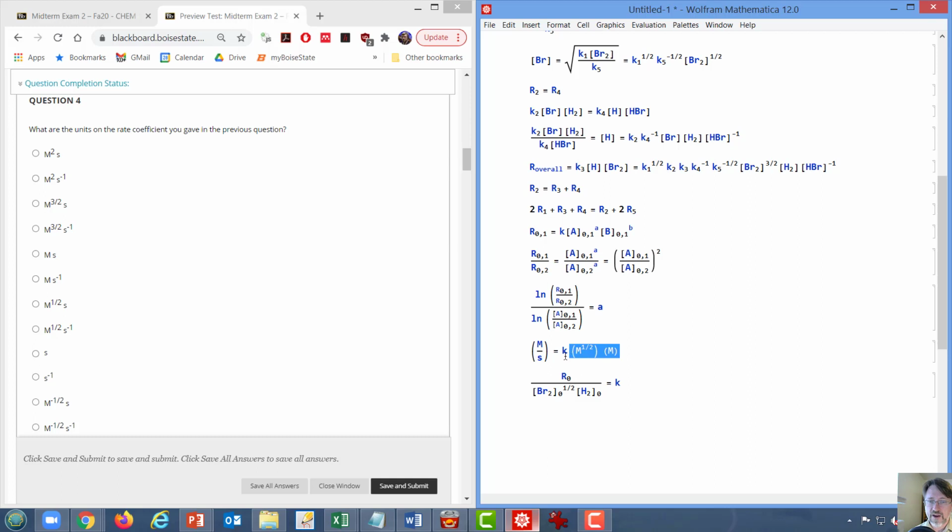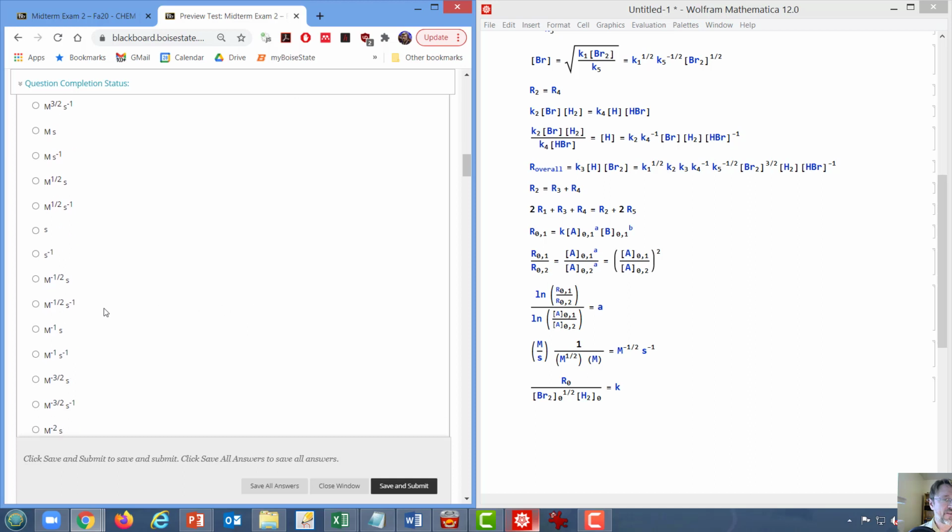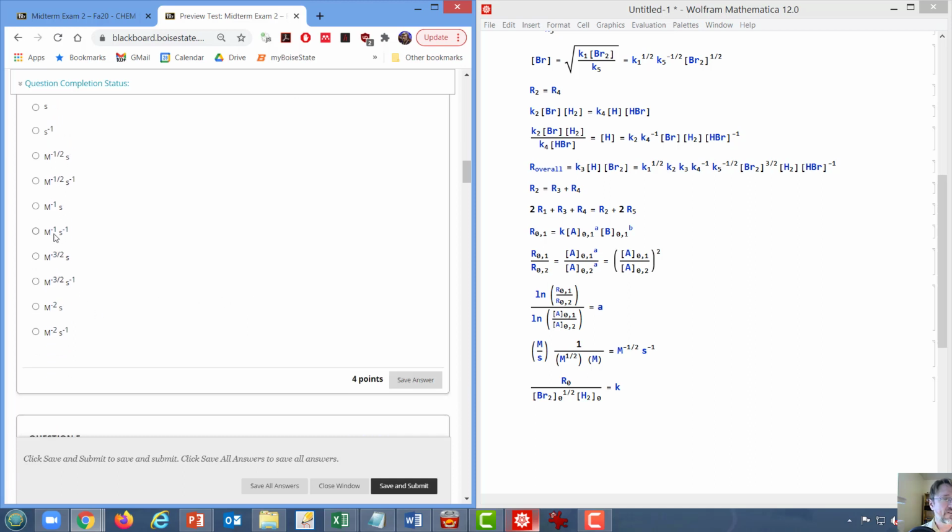So if we divide through by that, we end up with k being in units of molarity to the negative 1/2 seconds to the -1.